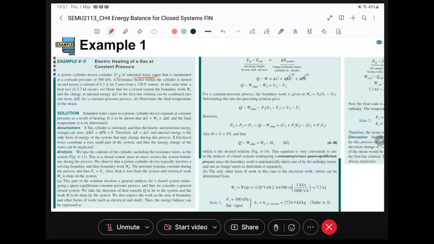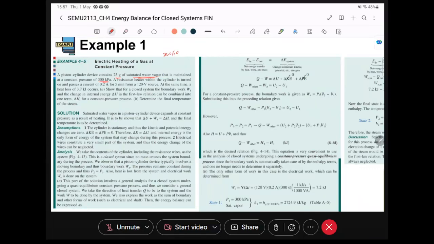It's saturated water vapor, which means the quality is 1, if you remember the pure substance. It can be a mixture, saturated liquid, or saturated vapor. In this case, it is a saturated vapor, maintained at a constant pressure of 300 kilopascal.